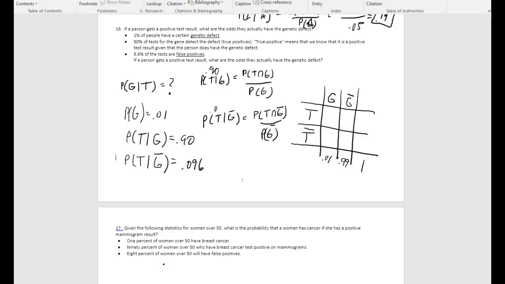We have 0.9 here, we have 0.096 here, we have 0.01 here, and we have 0.99. Okay, and so we multiply through to get our answers. So 0.01 and 0.9 is 0.009. And T and not G is going to be 0.096 times 0.99.